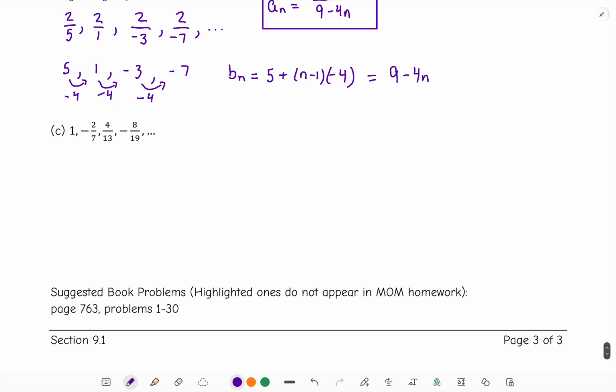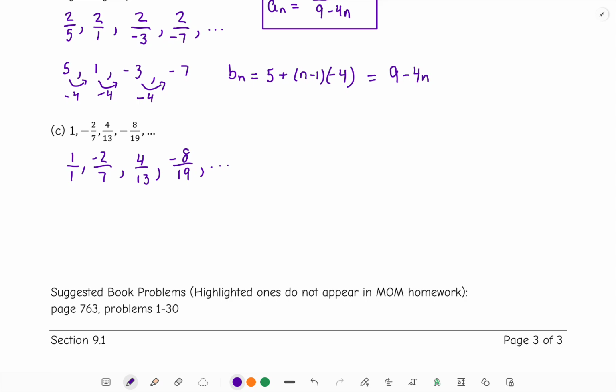Now again, if you want to pause the video, see if you can come up with an arithmetic sequence or geometric sequence for part C, go ahead right now. But I'm hoping you'll notice that you can't. Again, I am going to rewrite it, and this time I'm going to put the negative in the top. And a lot of people ask, well, how do you know top or bottom? Well, in reality, there is no given rule. You just try it one way or the other and then see if you can get it to work.